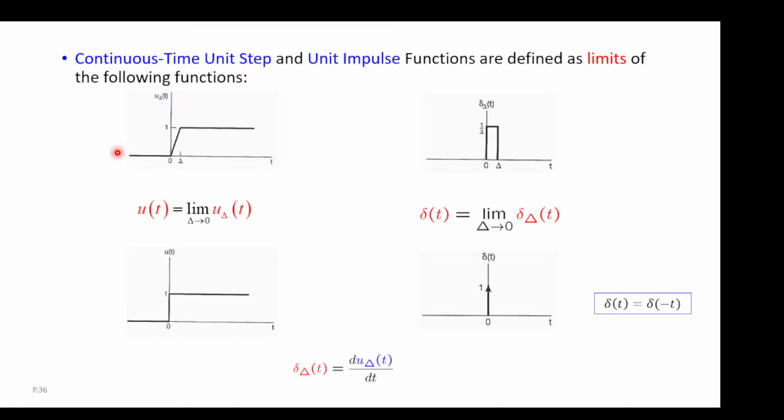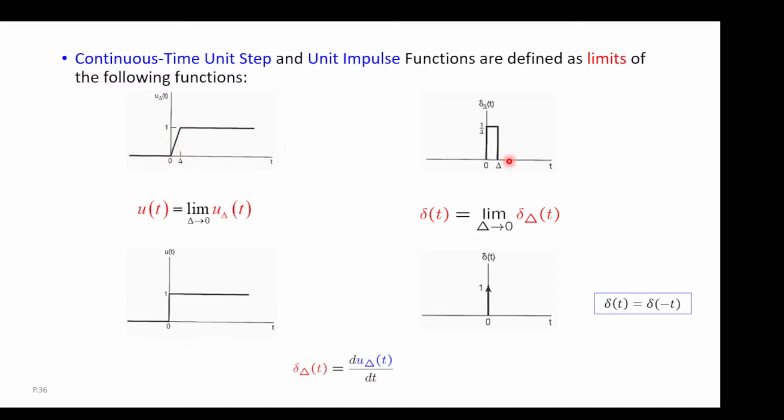The u sub triangle function is 0 when t is less than 0, and 1 when t is bigger than triangle, and you just linearly interpolate. So you have a very high rate slope from 0 to 1 between 0 and triangle.